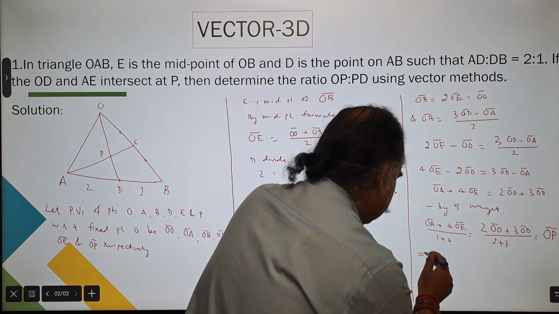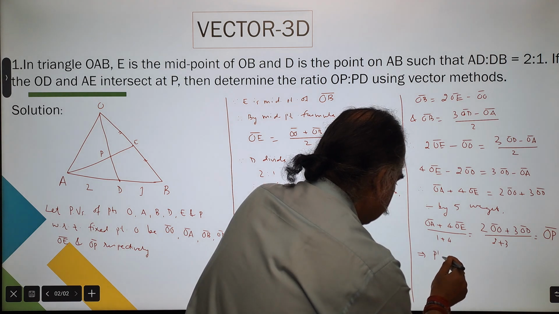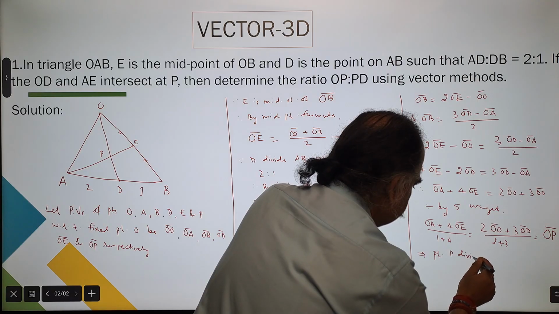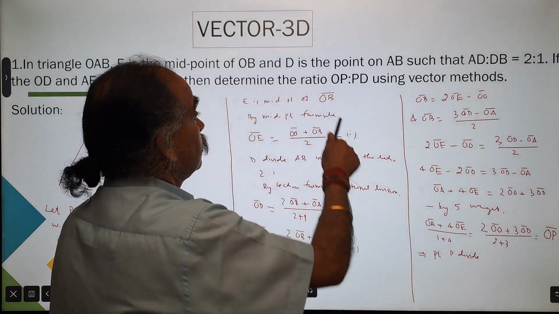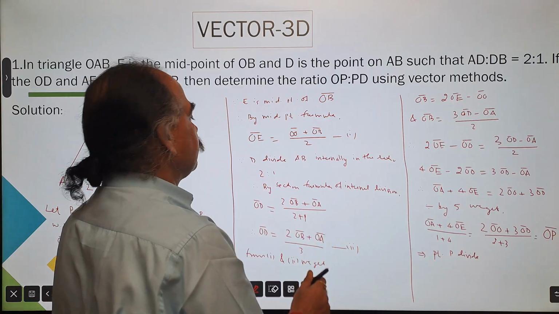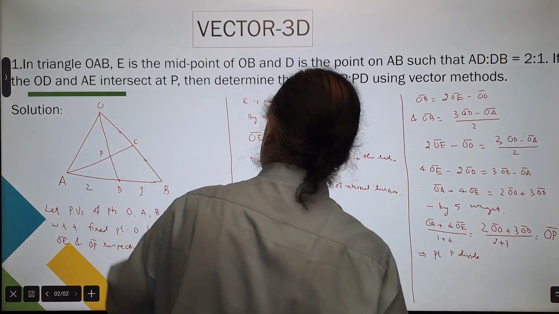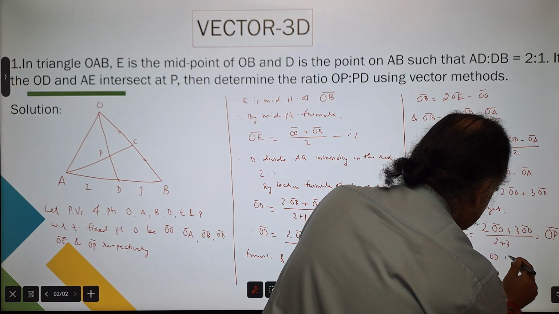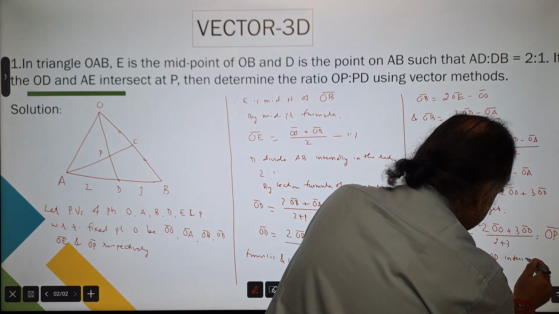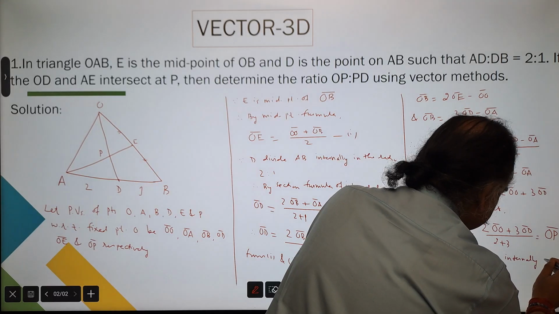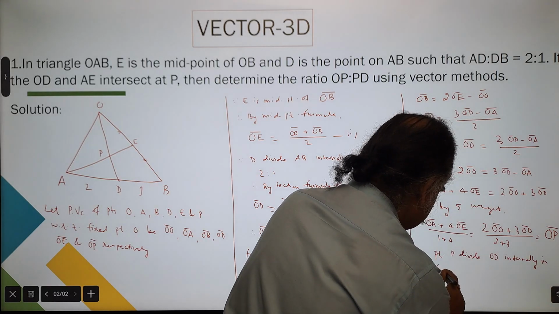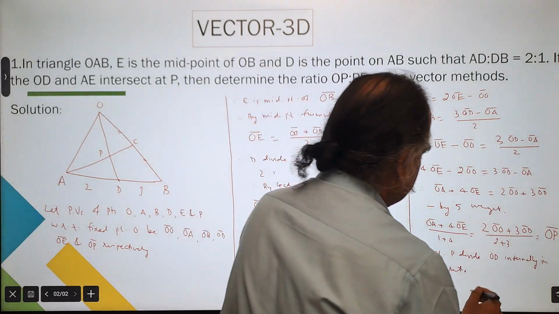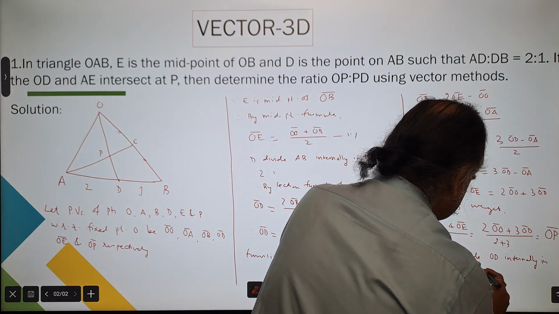Therefore, point P divides OD, since OP is to PD they want. That means P divides OD internally in the ratio 3 is to 2.